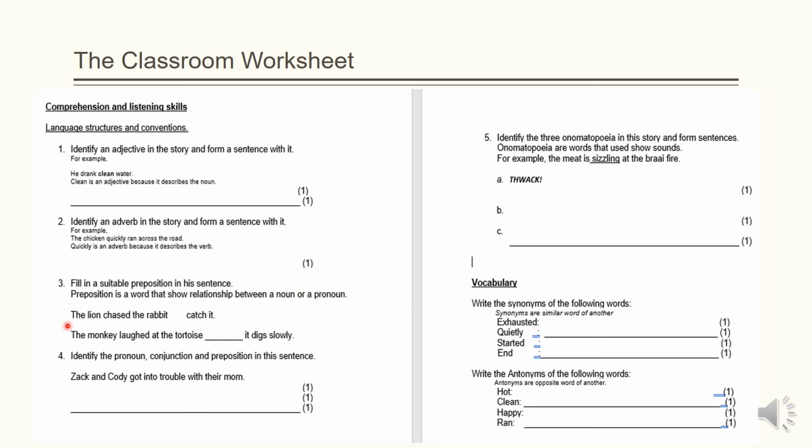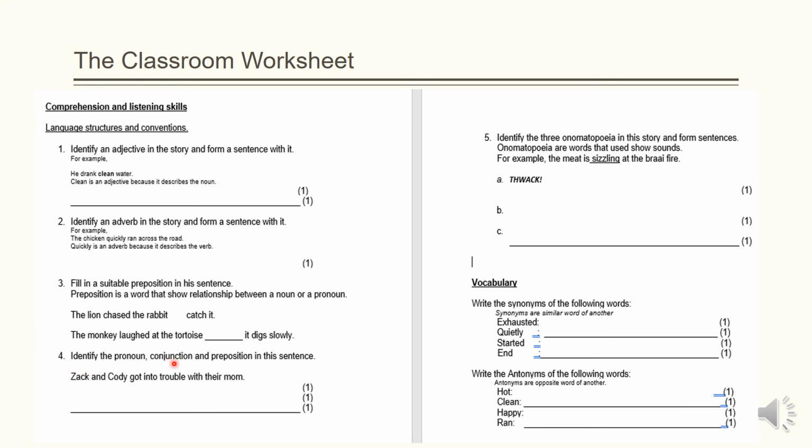Okay. The lion chased the rabbit. Something is supposed to be in between. You get the point. The monkey laughed at the tortoise. What's supposed to be there? It's in the story. The monkey laughed at the tortoise as it dug slowly. Okay, so stuff like that.